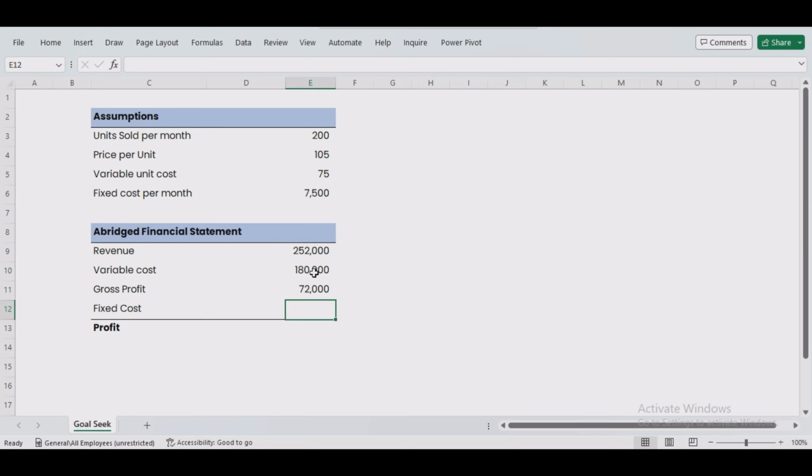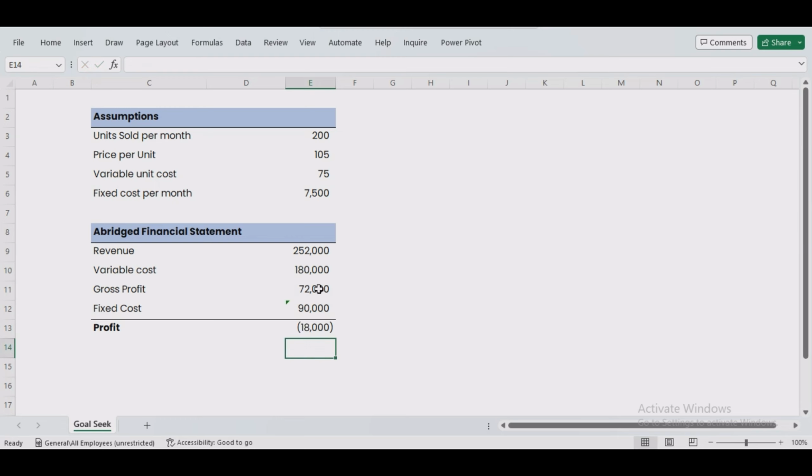Those are fixed costs. Those are the costs that do not vary with the number of chickens you produce. So it will be 7,500 multiplied by 12 months. Then I'm going to incur 90,000. To find the profit, it will be the gross profit minus 90,000.